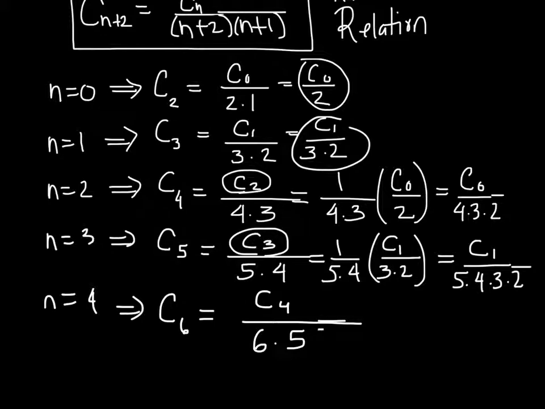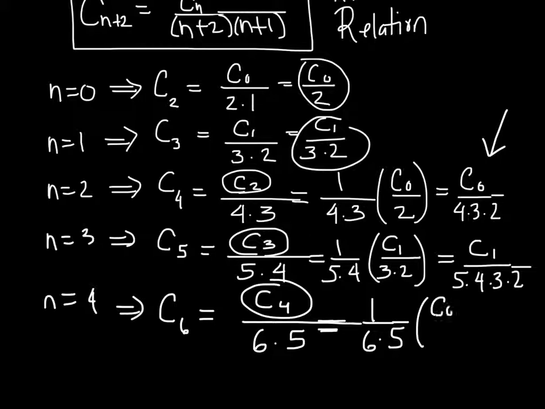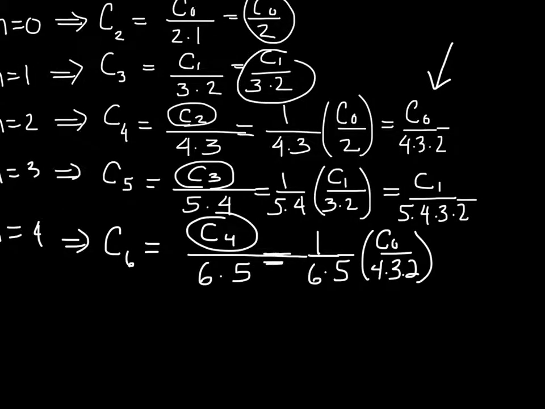So it equals one sixth times one fifth times C4. Do we have a C4? We do, it's right here: C0 over 4 times 3 times 2. And again, that's C0 over 6 times 5 times 4 times 3 times 2.